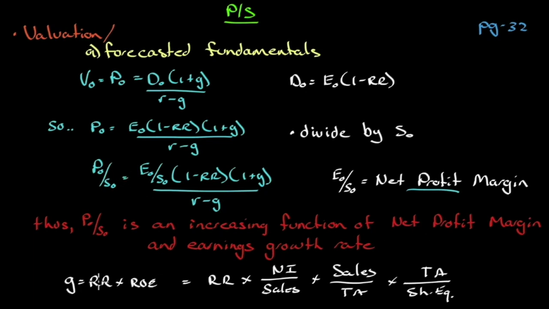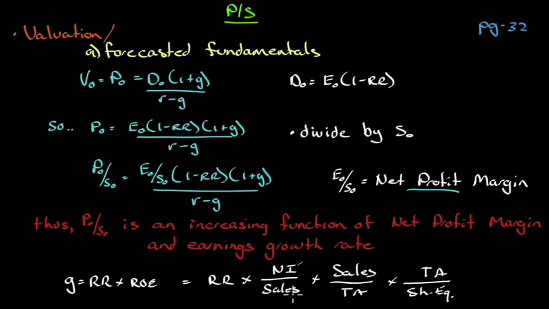Now we can also take our G and decompose it, because our net profit margin is a driver of the price to sales ratio. We see here it's an increasing function of the net profit margin and the earnings growth rate. But guess what? The net profit margin also is a driver of the earnings growth rate, and we can see that by decomposing G again: it is the retention rate times return on equity. We can decompose return on equity into all of these components so that we have elemental units.